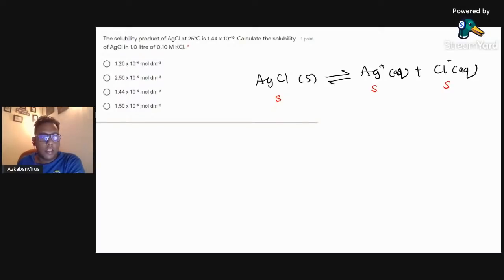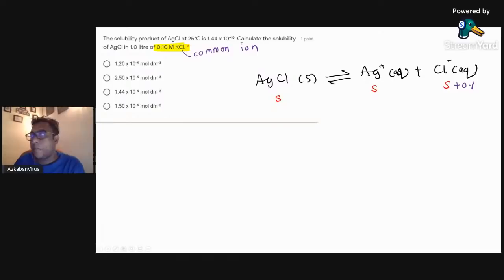Tak apa, sikit lagi. Ini 0.1 molar KCl. Ini namanya common ion. So masuk S ni kena tambah 0.1.